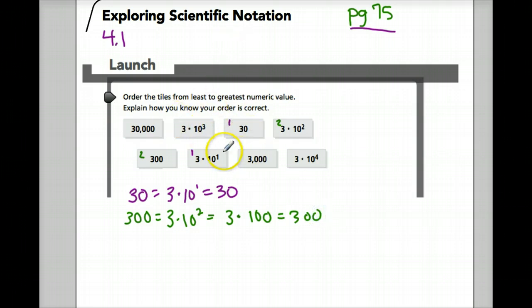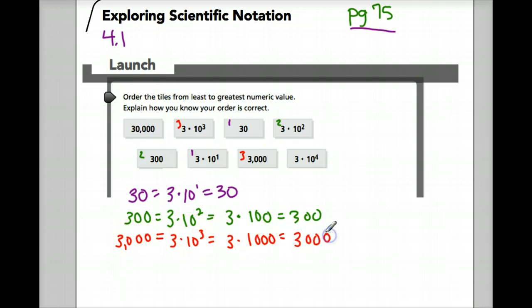So let's find our next one. If it went the first power, the second power, chances are we're going to find the third power and add another 0. See at 30, 300. So if we added another 0, we're going to get 3,000. So 3,000 is the same as 3 times 10 to the third power, because 10 to the third power is 1,000. 3 times 1,000 gives me 3,000.